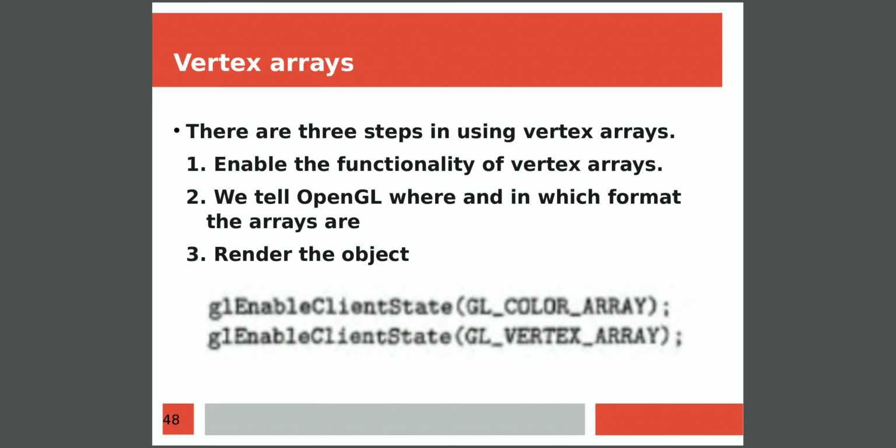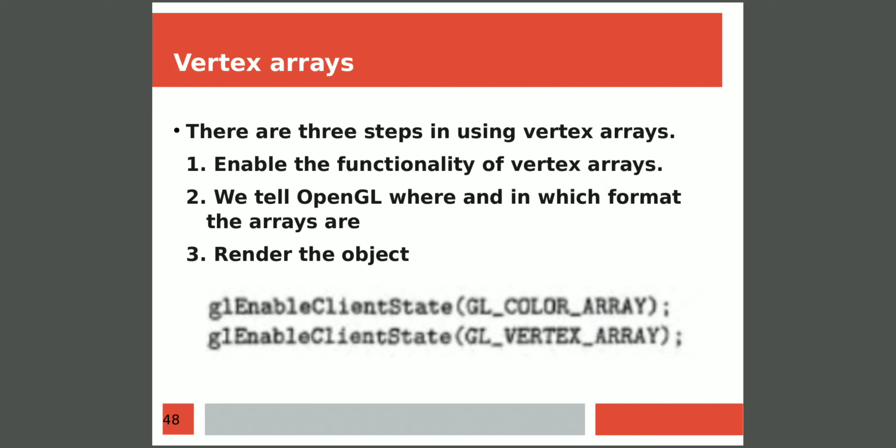As you know, in this colored cube program we have 2 arrays in total. The first one is a vertices array to specify the vertices of the cube. The second array is to specify the color for each vertex. So we need to enable both arrays in the first step. To enable the arrays, we have a built-in function called GL enable client state.